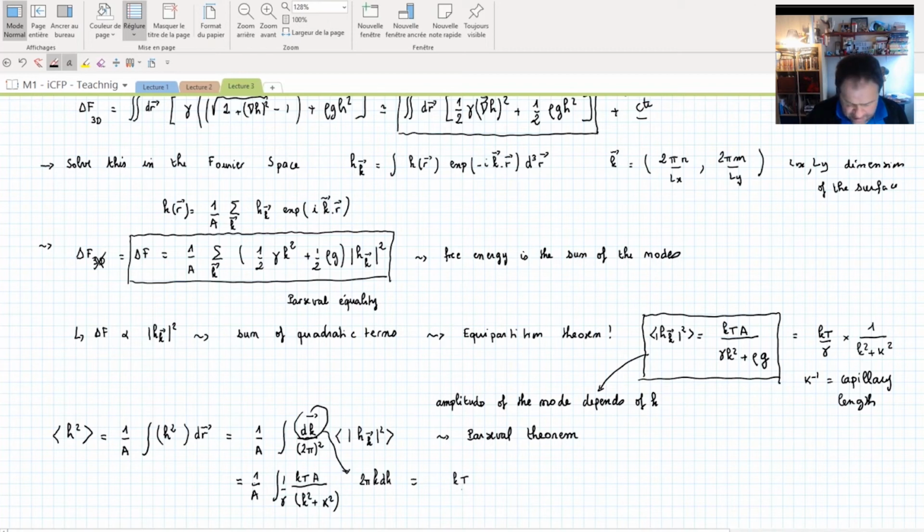And it is at the end kT over 2 pi times 1 over gamma, the integral of k dk divided by k square plus kappa square. And then we can integrate, and it is kT.